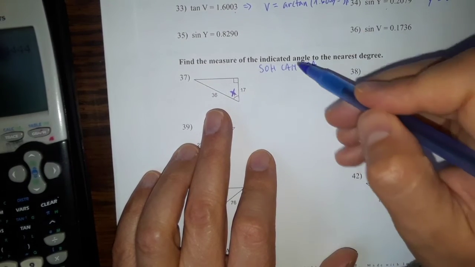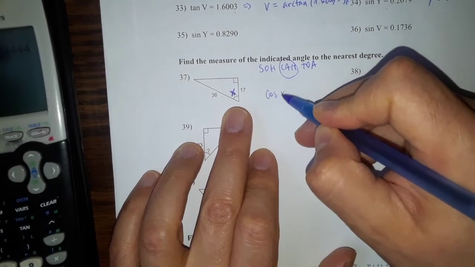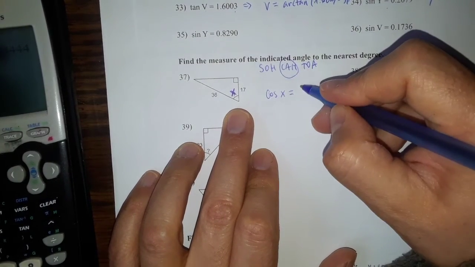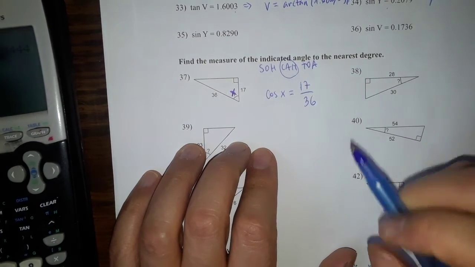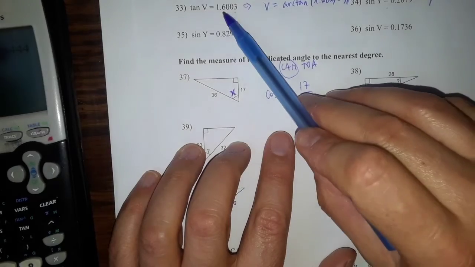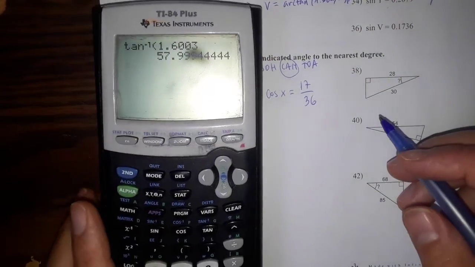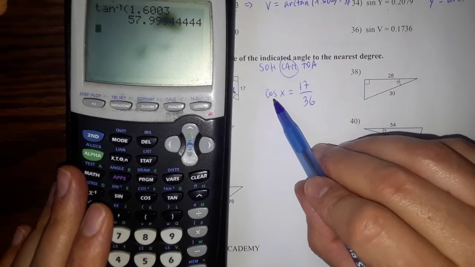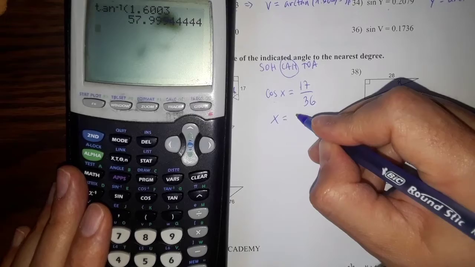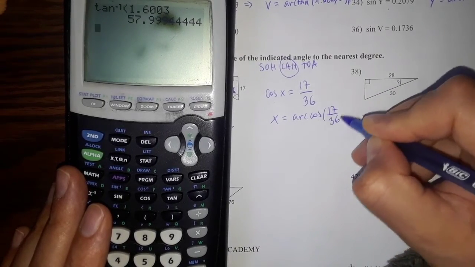Hypotenuse and adjacent, it's cosine. So we're going to use cosine. Cosine of X equals 17 over 36. And then we have something similar to what we had up here. We do the same thing we did here. We just do the arccosine. X equals arccosine of 17 over 36.